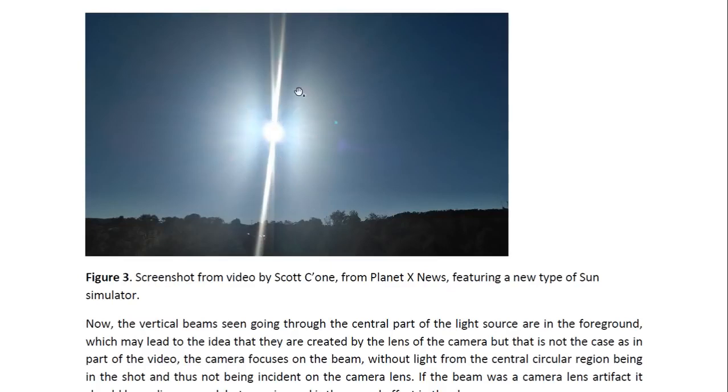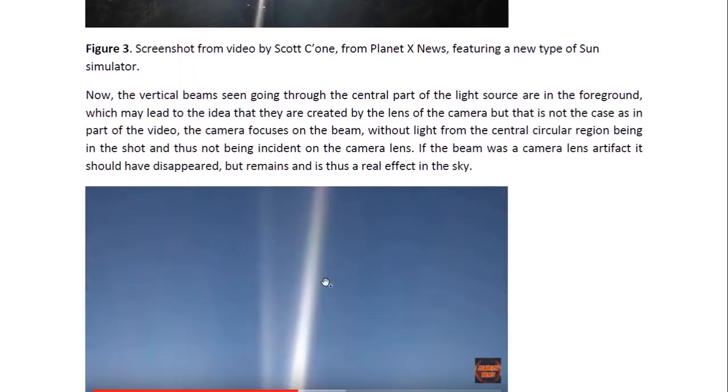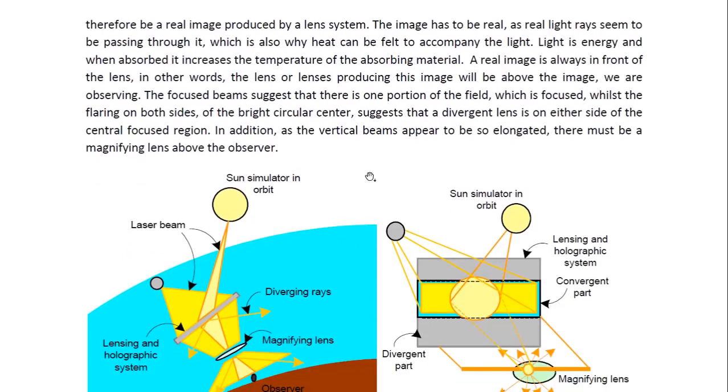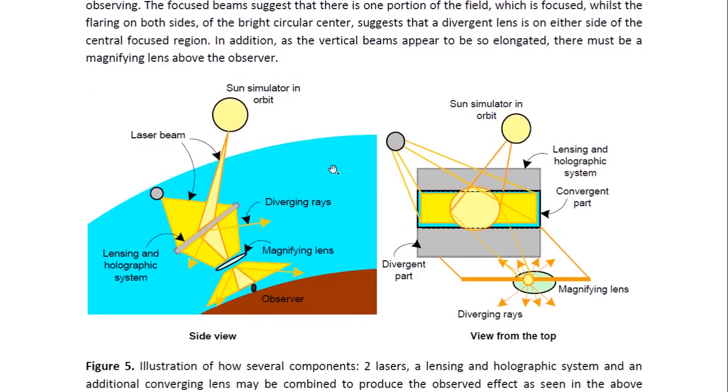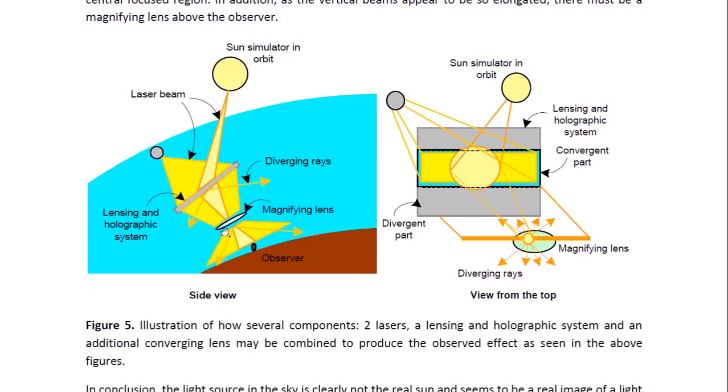The light rays seem to diverge. It's not focused. So now, in addition, as the vertical beam appears to be so elongated, there must be a magnifying lens above the observer.